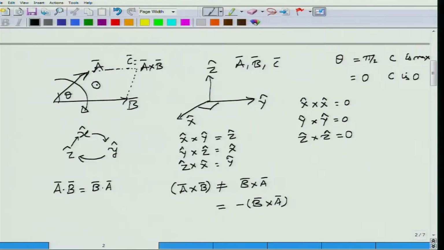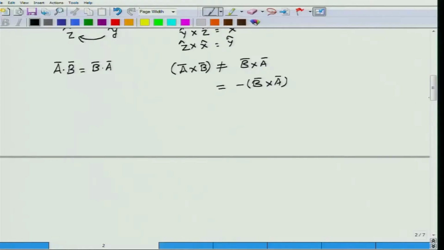Okay. So, we do not really go any more into details about the cross product. I think we have said enough that we wanted to say. So, why did we actually go to cross product?